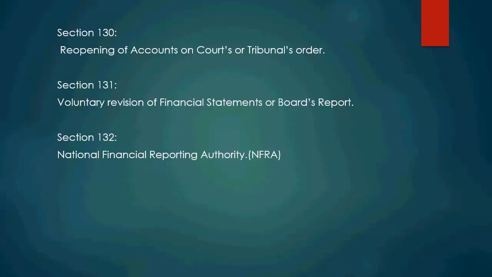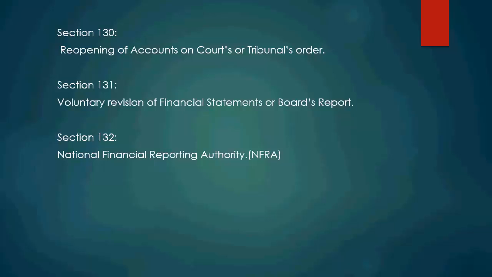The concept of NFRA, the National Financial Reporting Authority, is not very new. We had NACAS in place of NFRA in the old act, which was 1956, right? As per section 211 of the 1956 Companies Act, the financial statement of the company had to be prepared as per the accounting standards, right? And those accounting standards had to be notified.